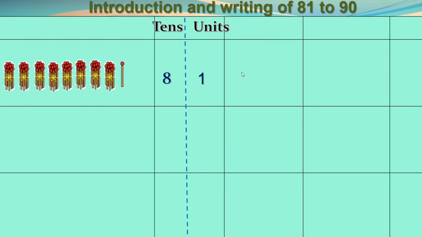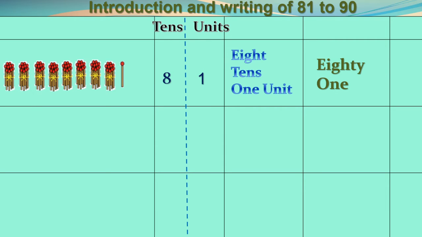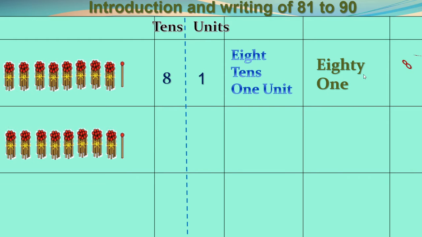So same thing, let us write in words, that is 8 tens and 1 unit. The number formed is, yes, very nice, 81. You know the spelling for 80, that is EIGHTY. 80 and 1 makes 81, right? Now here we can see 81 matchsticks, right?